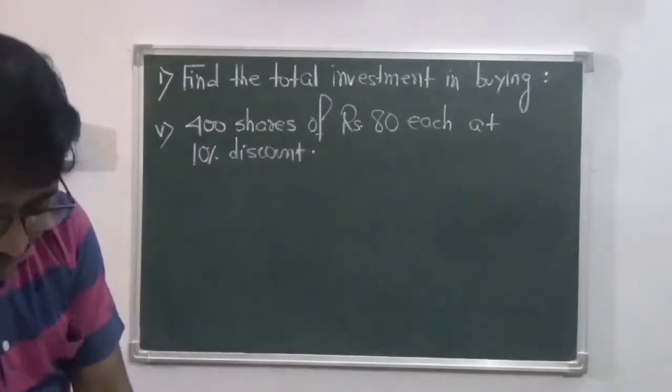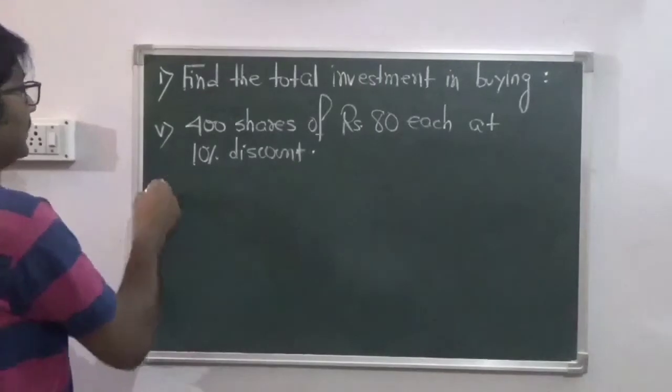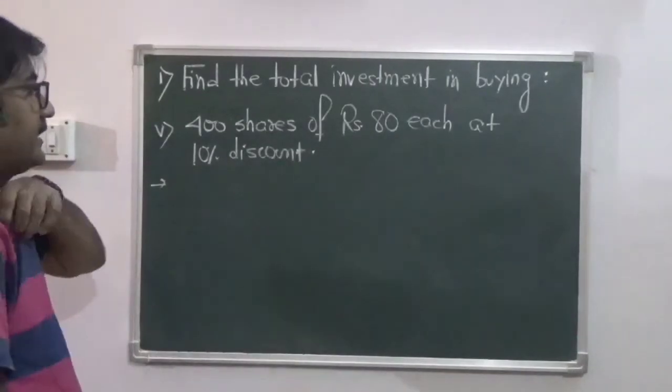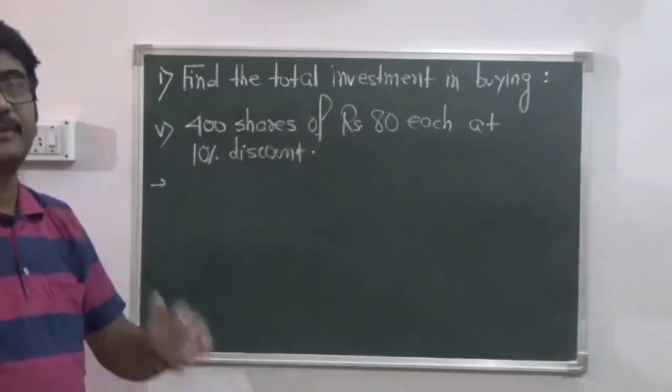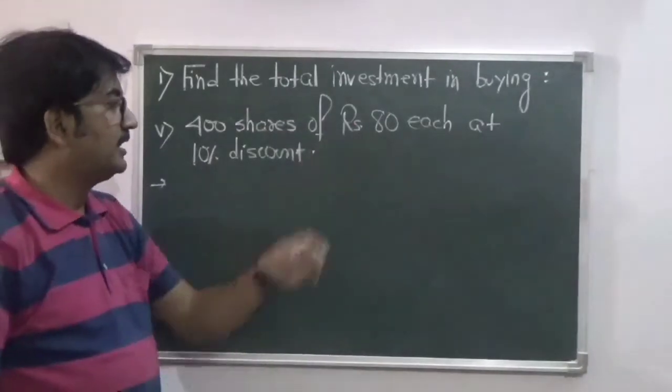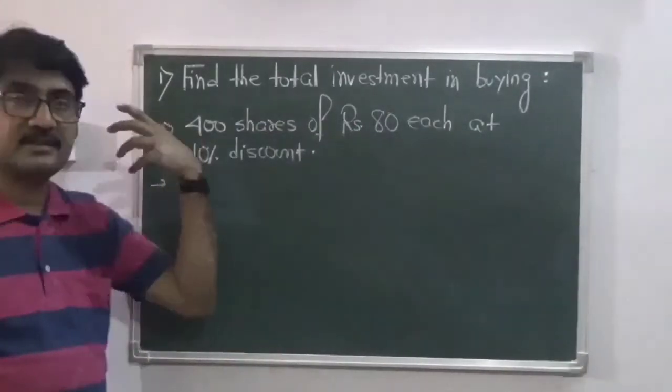Now the total number of shares given is 400 of rupees 80 each. That means the face value of each share is rupees 80 and it is available at 10% discount.